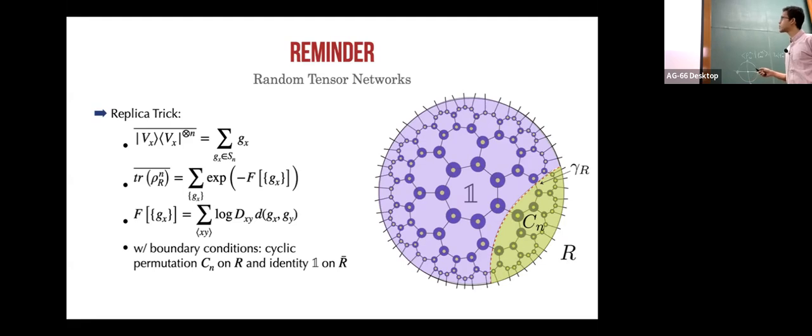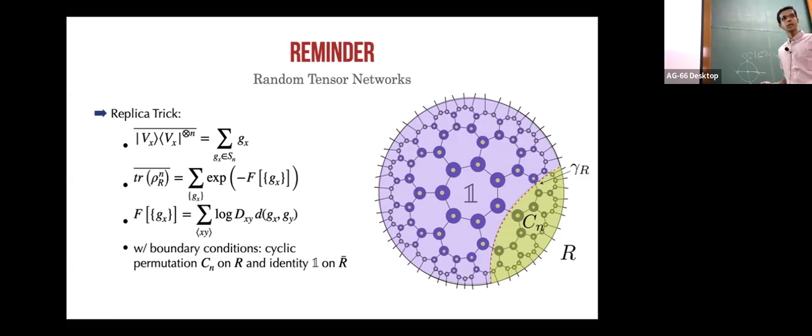We apply some twist operators on the boundary, and those set boundary conditions for an Ising-like partition function, which has degrees of freedom g_x living in the symmetric group. They have an energy function weighted by the log of the bond dimensions times the Cayley distance. The Cayley distance is the measure of distance between these permutations. So that's a reminder from what we did yesterday.